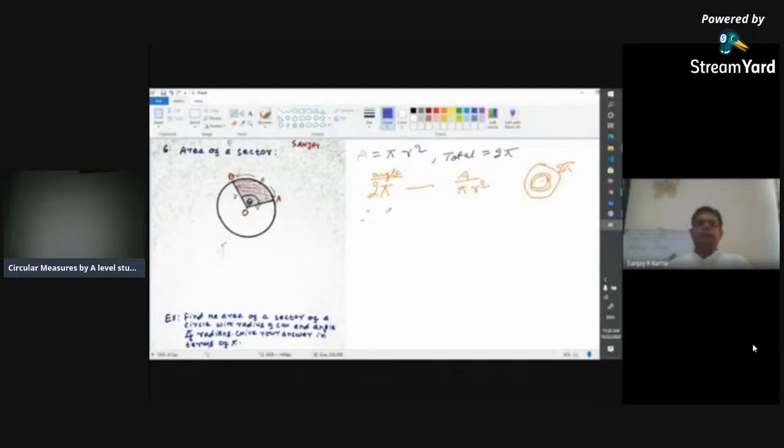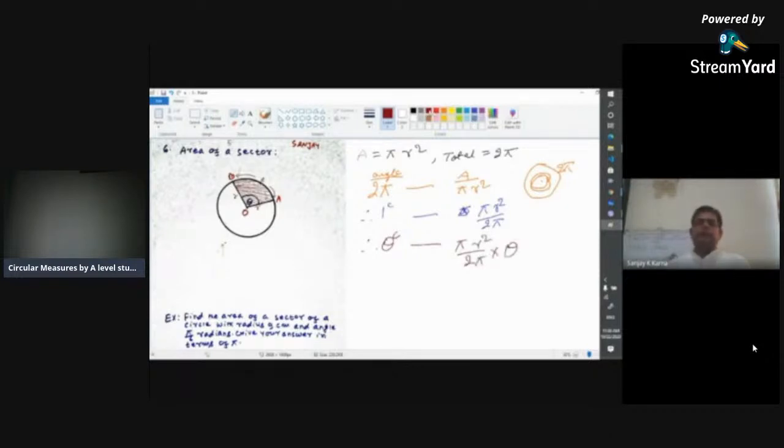If the angle is 1 radian, then by using the unitary method, the area of that part becomes pi r squared divided by 2 pi. Therefore, if the angle at this center is theta radians, then the area becomes pi r squared by 2 pi times theta.